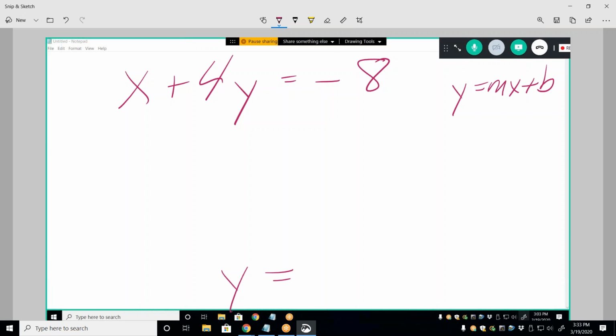Only problem with dividing by 4 is that I've got to divide the x by 4, the 4y by 4, and the minus 8 by 4. So that creates a little bit of a problem. Not really, it's just more arithmetic. Let's get rid of the x first. It's easy to get rid of the x. Okay. So what's my next line going to be?